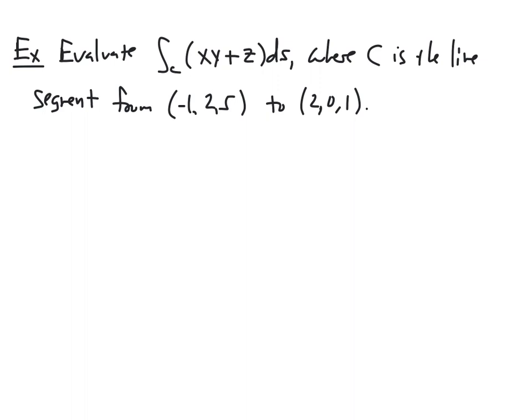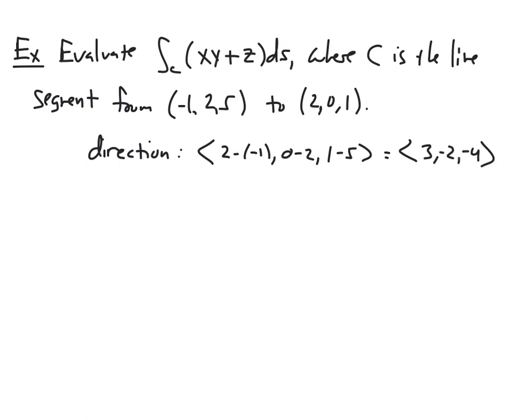Our first step is to find a parameterization, a nice smooth parameterization of this line segment. And so in this case, we can start by trying to parameterize the line that contains these 2 points. If we do that, we know that that line will have a direction vector of 2 minus -1, comma 0 minus 2, comma 1 minus 5, which will be the vector 3, -2, -4.